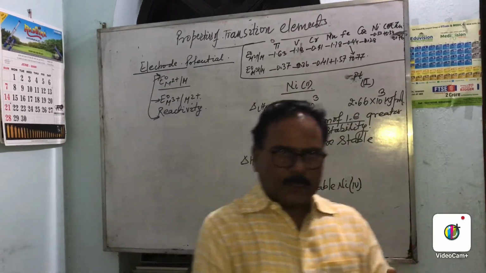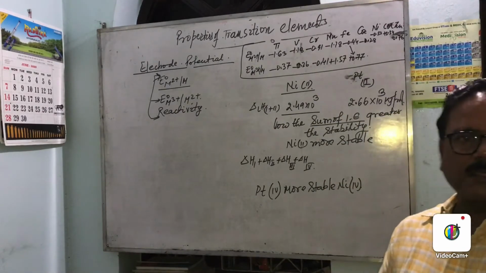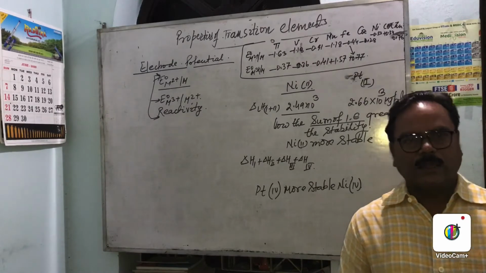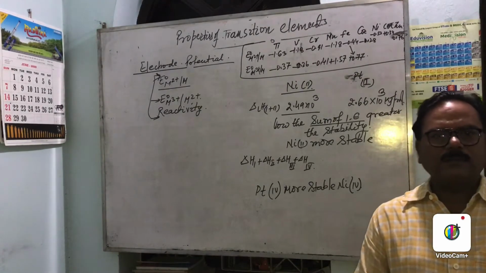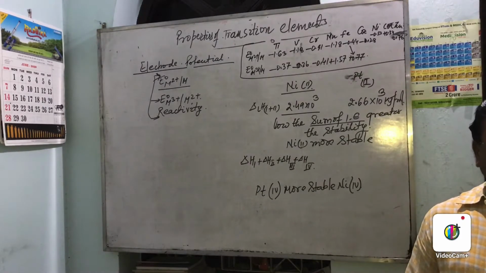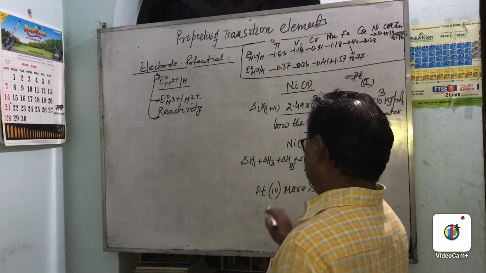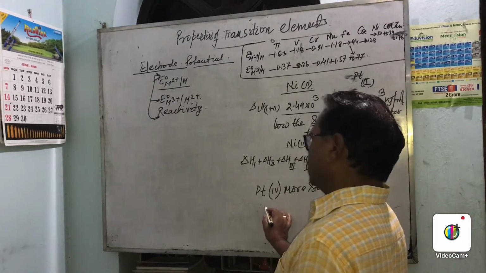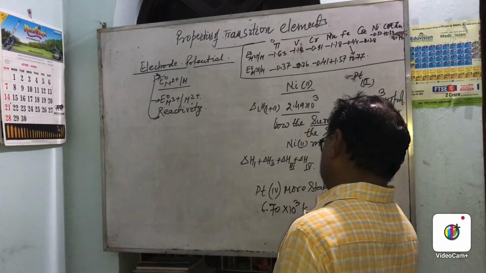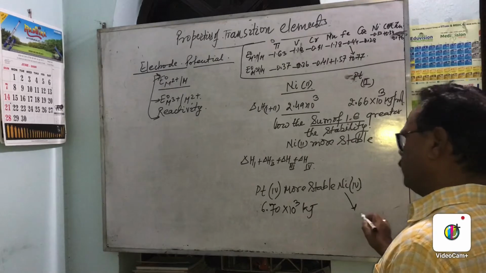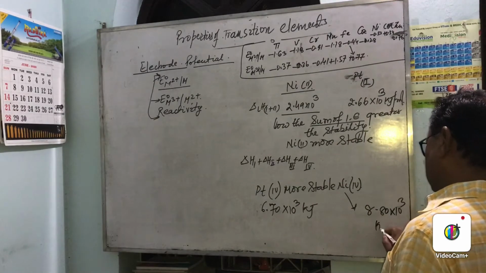If we take the sum of first 4 ionization energies for nickel and the sum of first 4 ionization energies for platinum, whichever sum is lower, that state will be more stable. So if we compare the energy, for platinum 4, 6.70 suppose, 10 to the power 3 kilojoule per mole, and for nickel 4, 8.80, 10 to the power 3 kilojoule per mole.